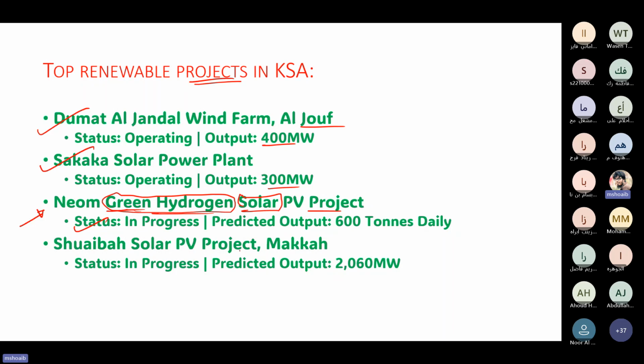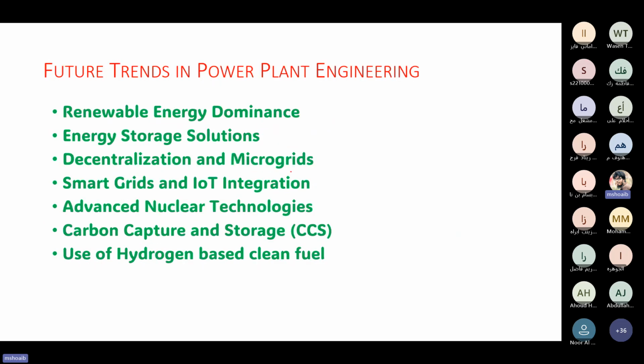And in the Makkah region, the same place, Shaiba or Shoiba, I don't know exactly the pronunciation, they are also installing a solar PV project of more than 2000 megawatt capacity. So these are the running projects going on in Saudi Arabia, just for your knowledge.